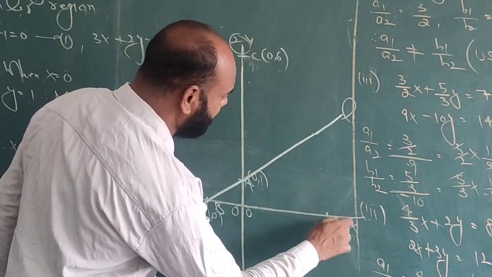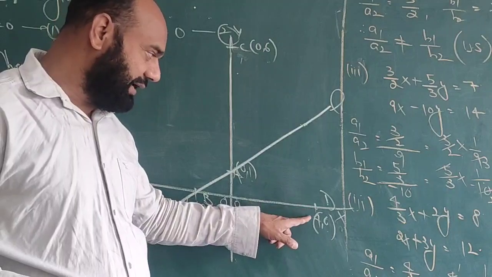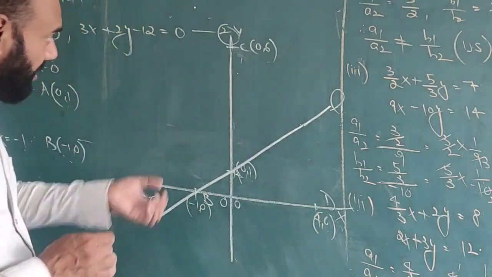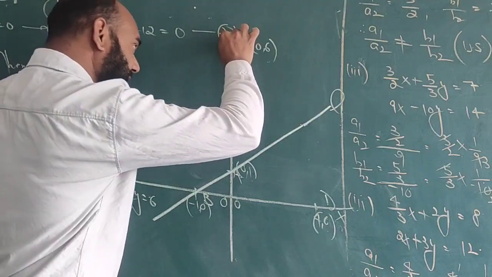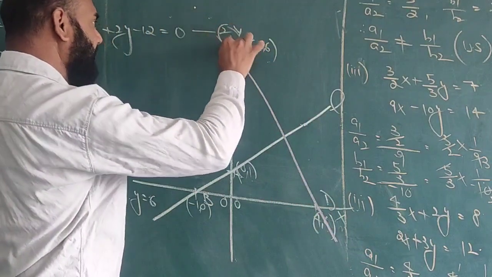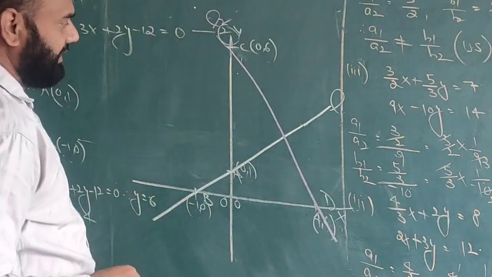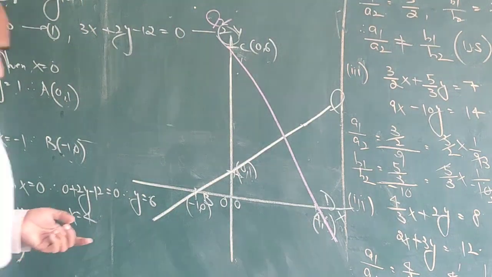This point is D, that is 4, 0. Now we join the points C and D, and we get the straight line of the second line.